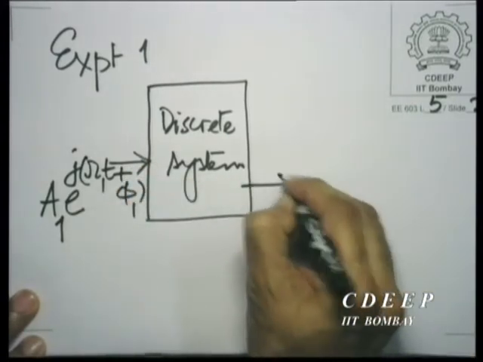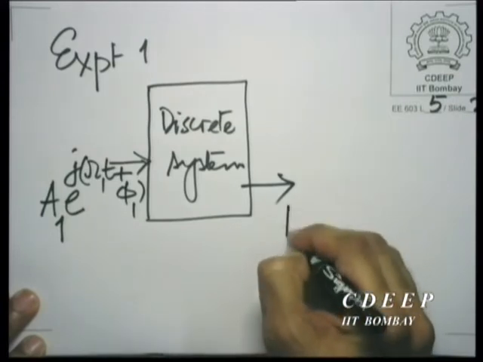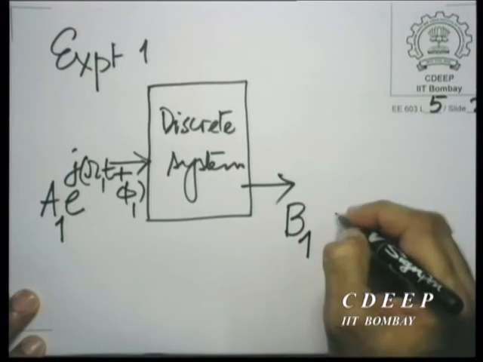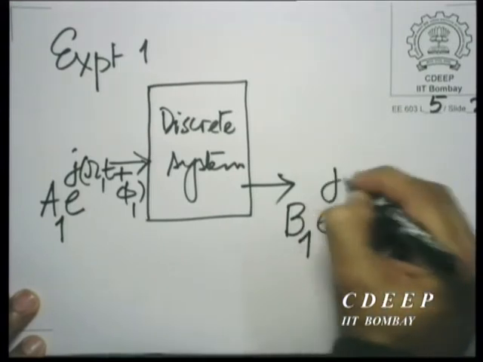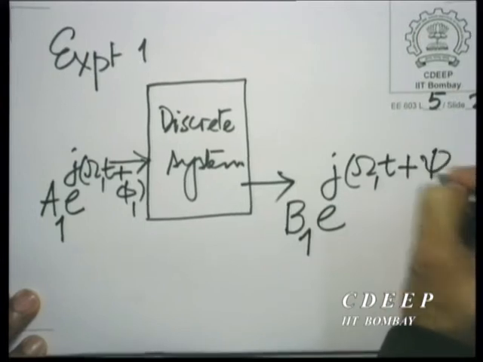We agreed that we insist that the output should also be a phasor of the same frequency. Let us call it B1 e raised to the power j omega 1 t plus, let us call it psi 1 here.